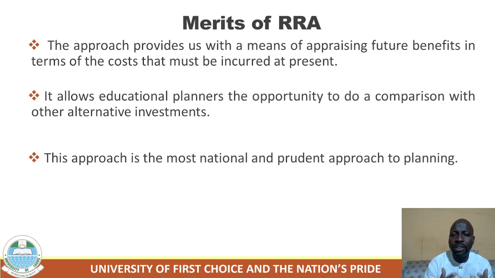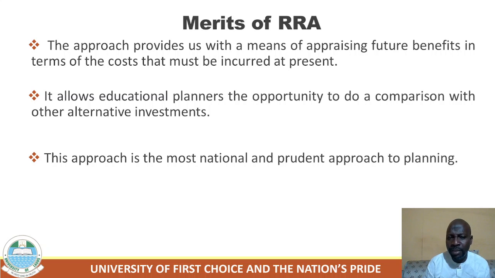RRA also gives educational planners the opportunity to do a comparison with other alternative investments. And this is one of the disadvantages of the social demand approach. There are different alternative programs that we can invest in. So in this approach, educational planners have the opportunity to do comparison.